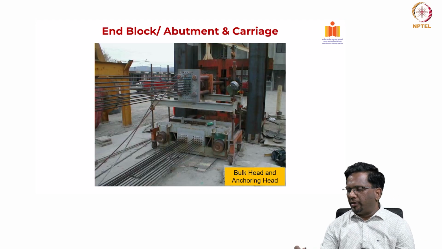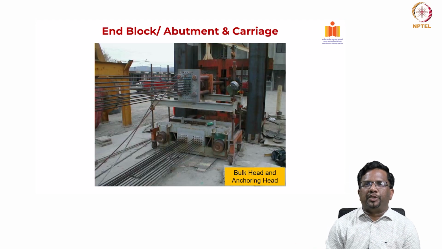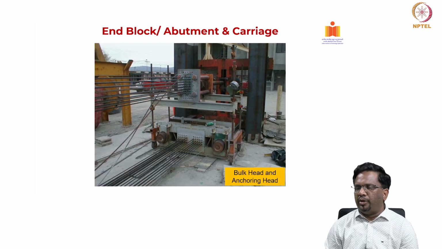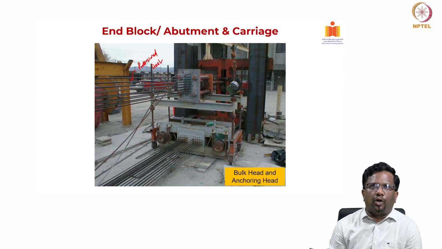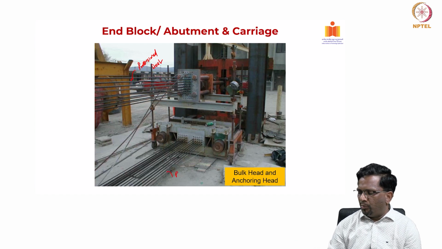Now this is a picture of a precast plant where a pre-tensioning bed is shown. You can see here you have pre-tensioned steel at the top as well as at the bottom.